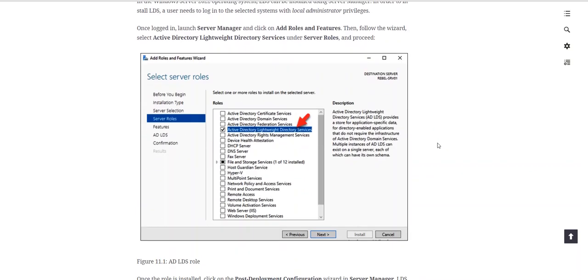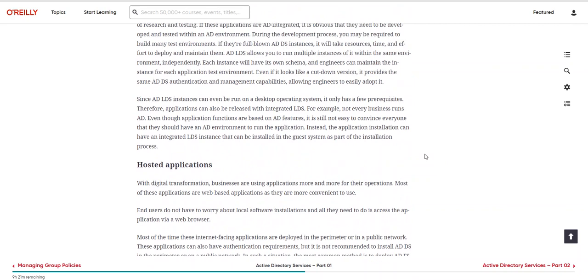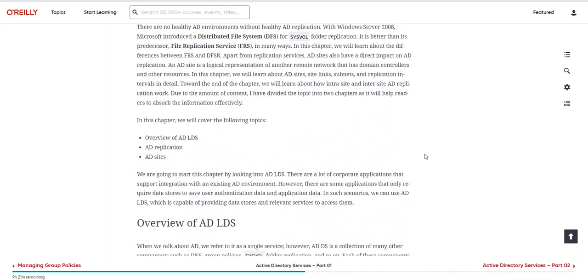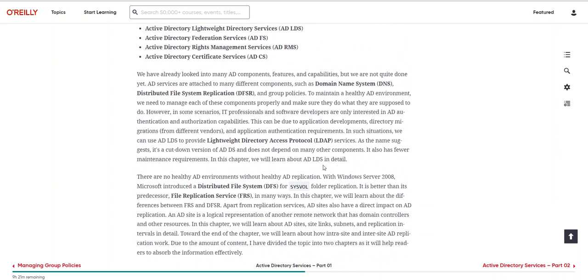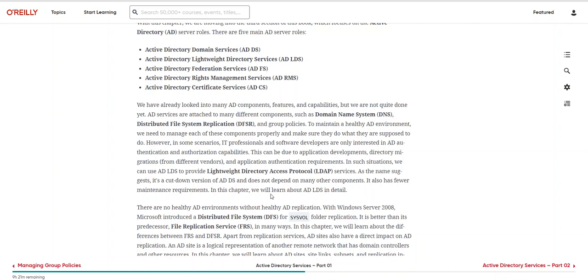I think we can go in and pick another role. So whether it's ADLDS, if we're dealing with any of these different roles, we just go in and enable the role.